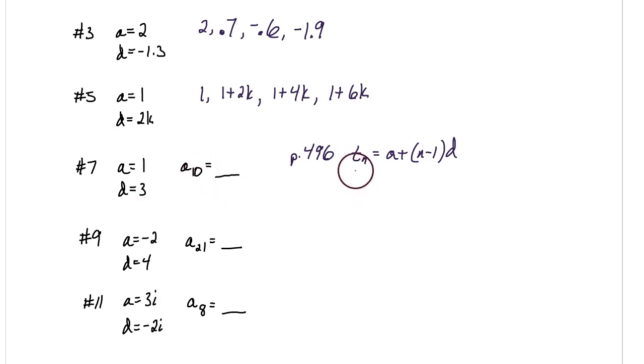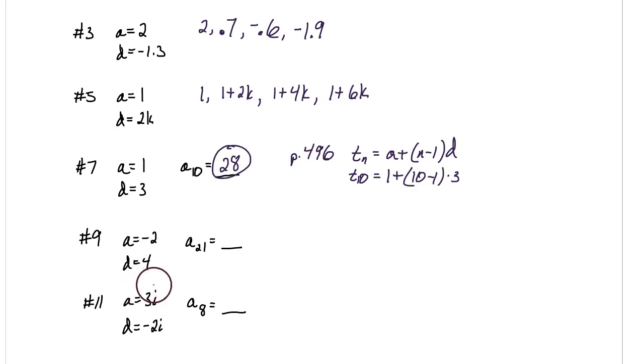So if we want to find the 10th term, t sub 10 or a sub 10, you take the first number, which is 1, and add on 10 minus 1 times d, which is 3. So 10 minus 1 is 9, 9 times 3 is 27, and 1 plus 27 is 28.